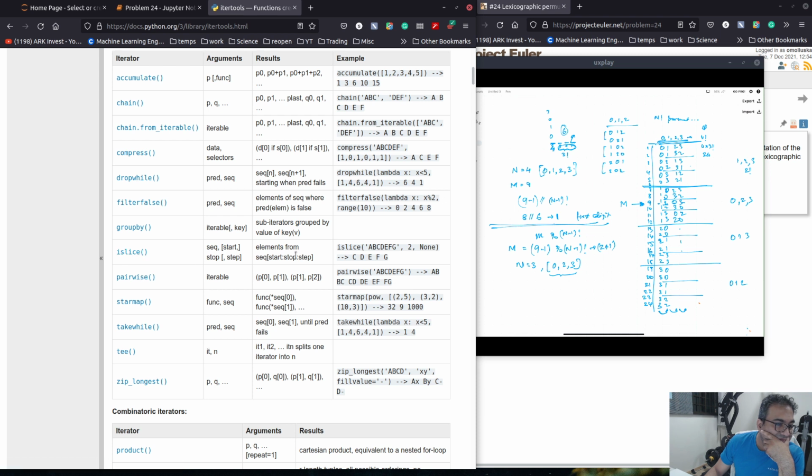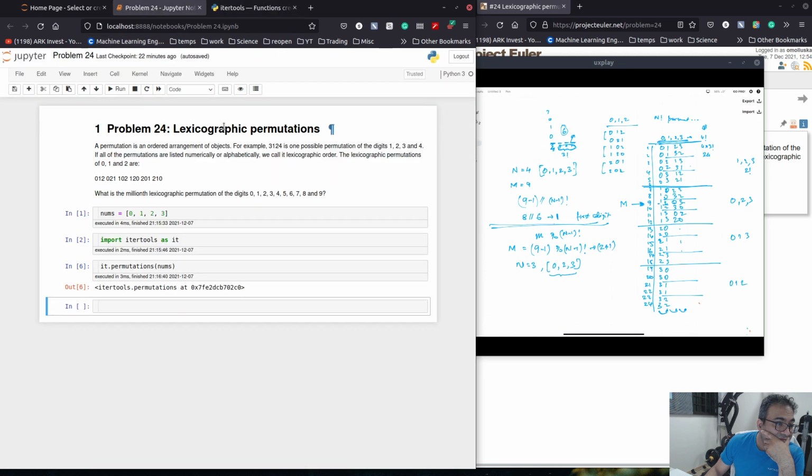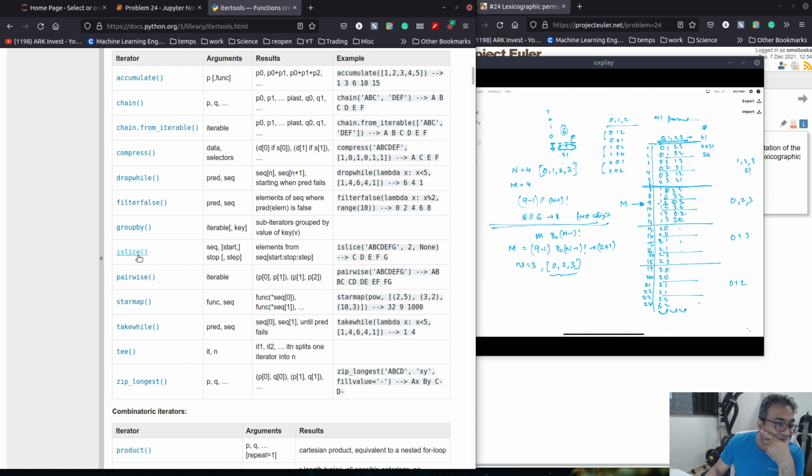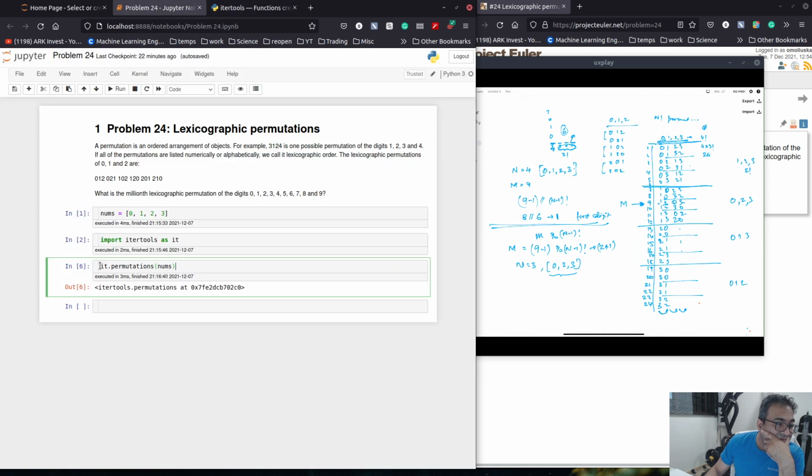Start, stop. So I slice. So if I have islice, this is what I want. I want the 10th value, and 10th to 11th.